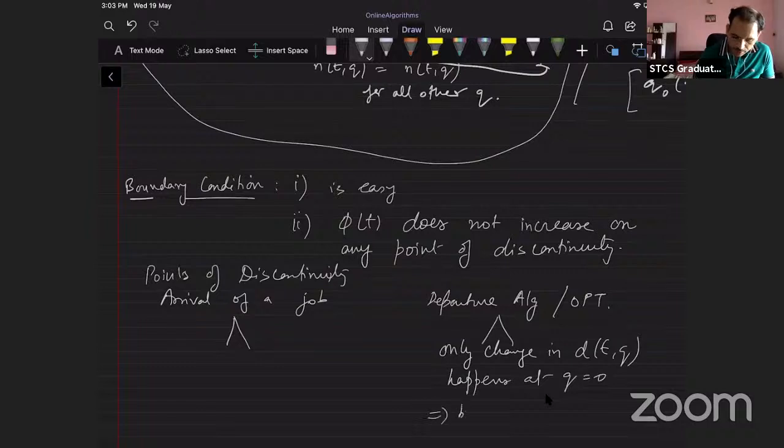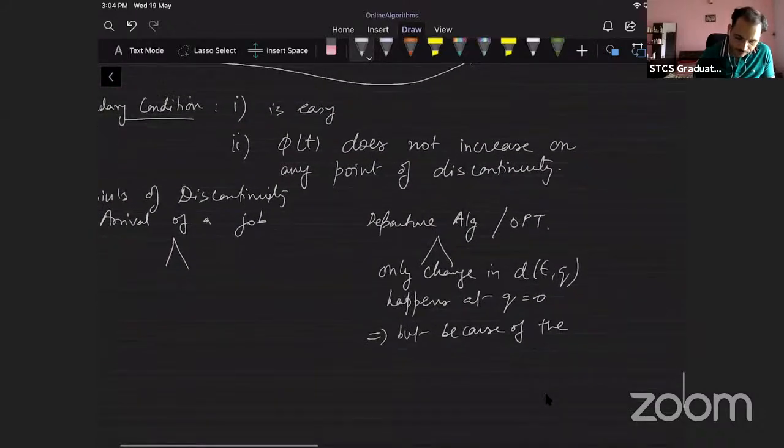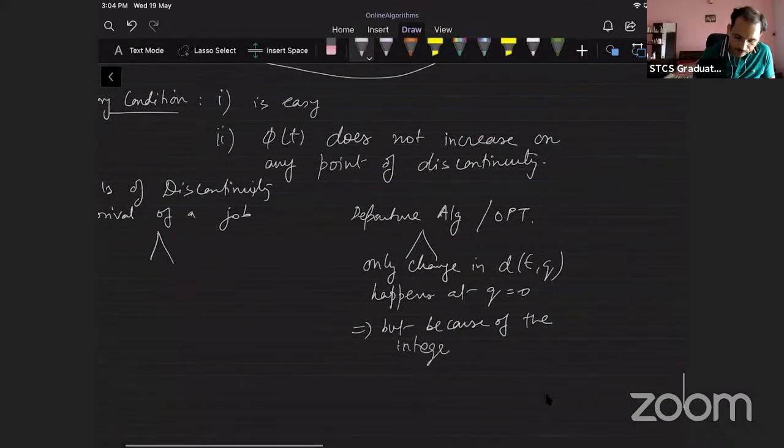But because of the integral outside, phi of t remains unchanged.